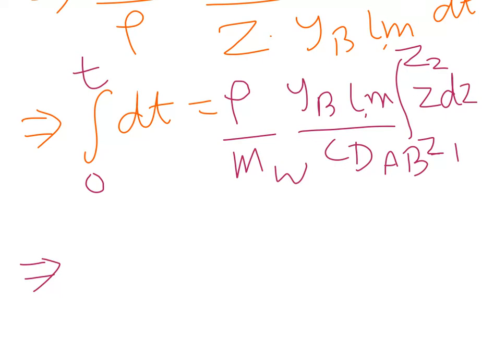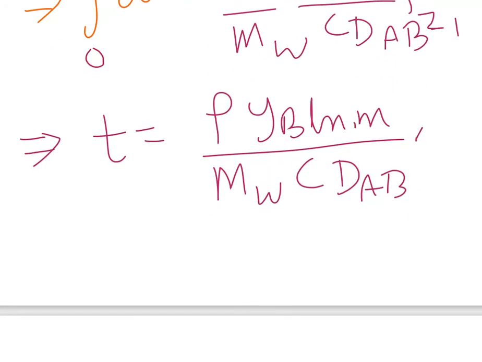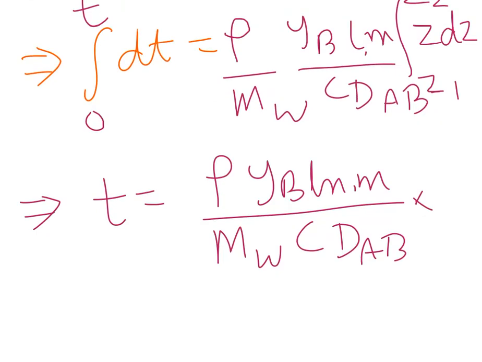We got it here, t equals rho yB ln mean divided by MW c DAB, and then multiply by z dz. So that becomes basically z square, right? Z square from Z1 to Z2.